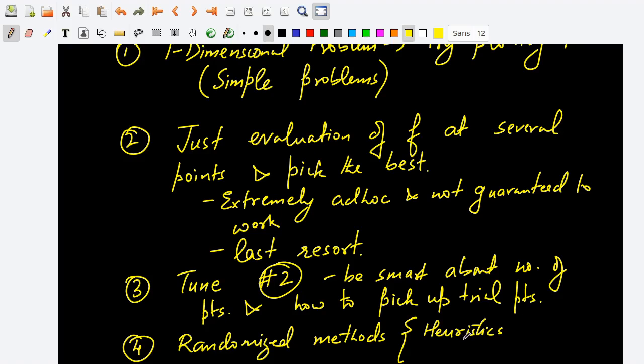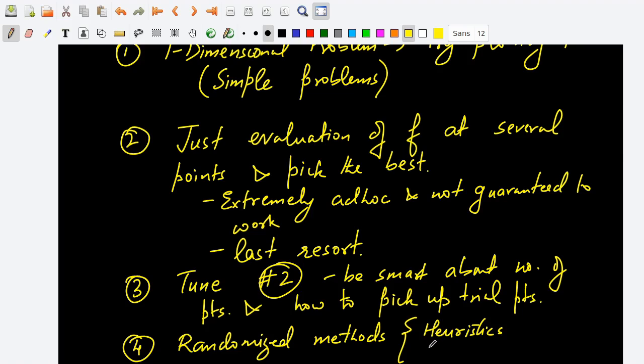So heuristics like genetic algorithms and simulated annealing and taboo search fall under these methods. So they are less ad hoc than number 2 discussed above, but still they don't guarantee much, and many times you have to generate many points before you are confident that the solution you have is actually good.